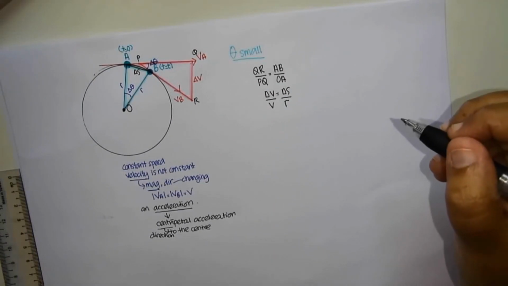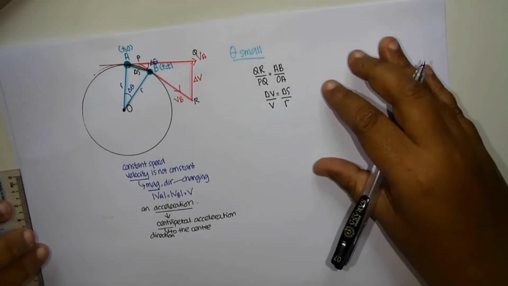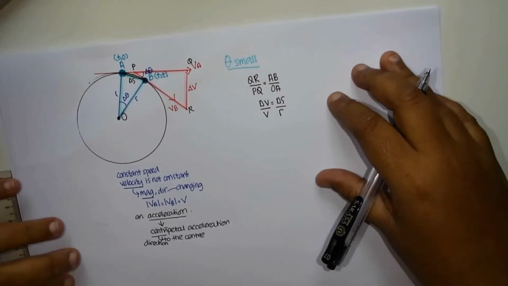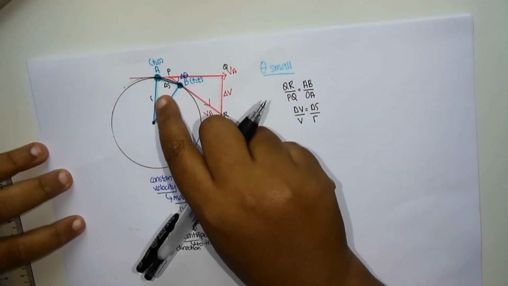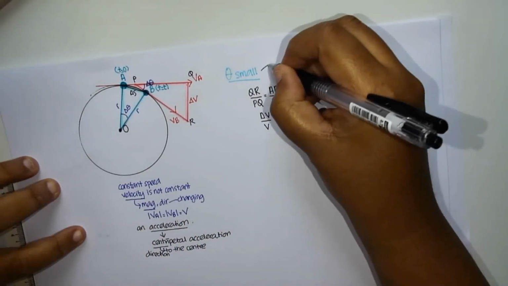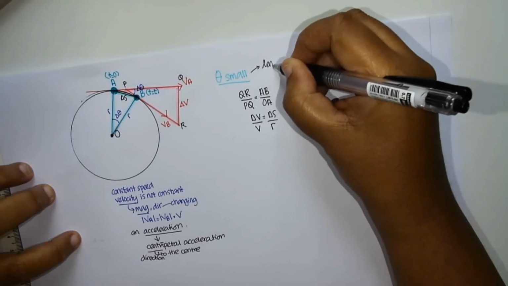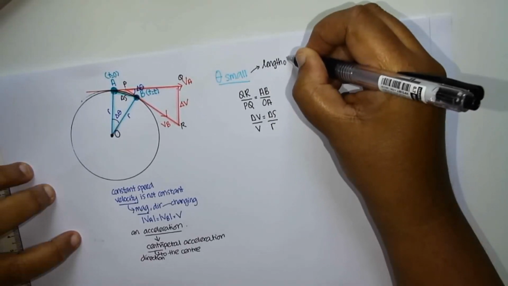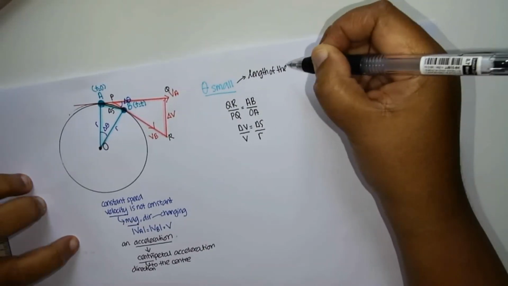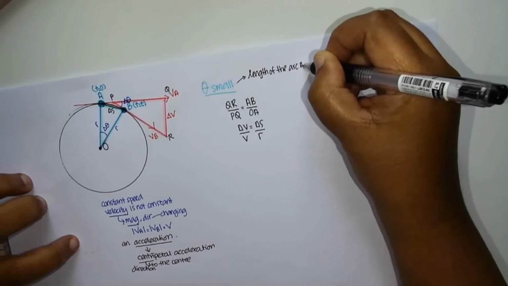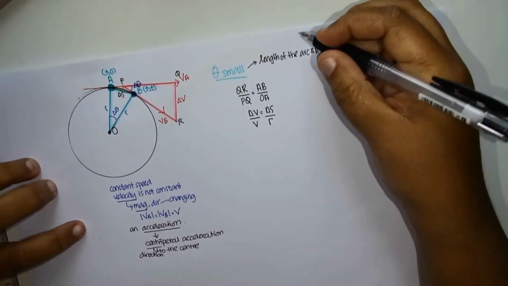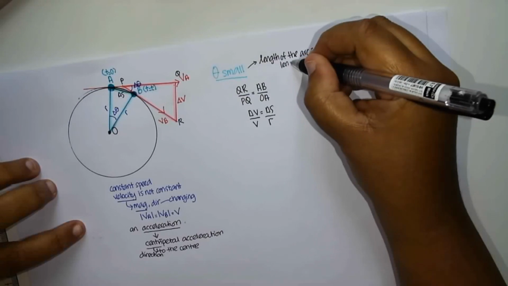Now, why is it that here we are taking this triangle of delta S? When theta is small, the length of the arc AB is equal to the length of the straight line AB.